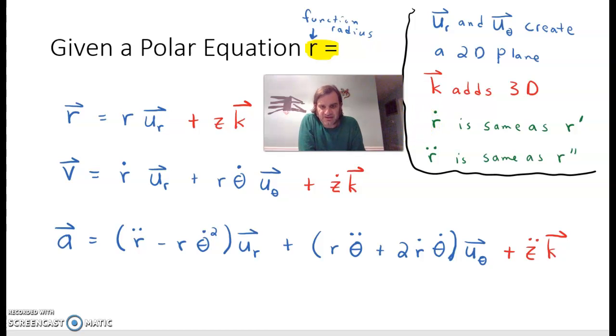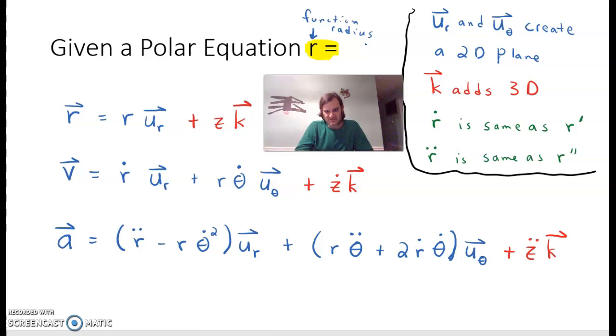So we're not thinking about this r as a vector. That's a little bit confusing, and that's why down here in the notation, every time I used a vector, I put the little vector symbol over it.